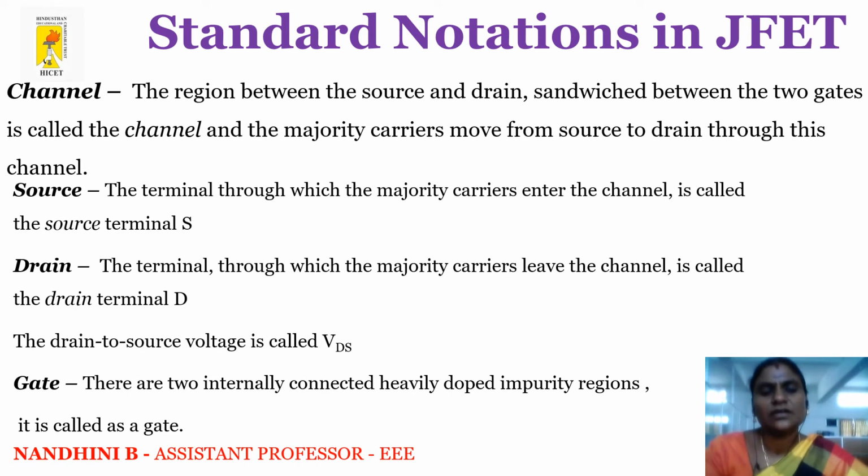Next terminal is gate. There are two internally connected heavily doped impurity regions. This region is called the gate. So we have three terminals, source, drain and gate. With that we also have a channel. These are the four notations we use in JFET.